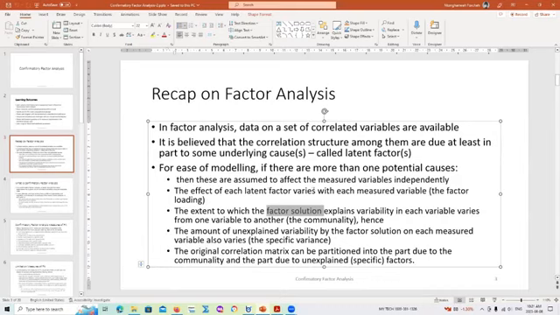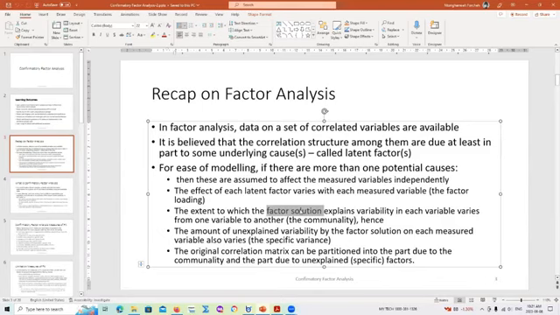When we take that factor solution, we can compute our communality, which is the proportion of variance in each variable that is explained by the factor solution. That itself differs from one variable to the other. And by extension, the specific variance also differs, because the sum of those two gives us the total variance in that variable.